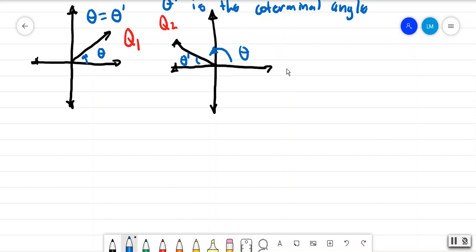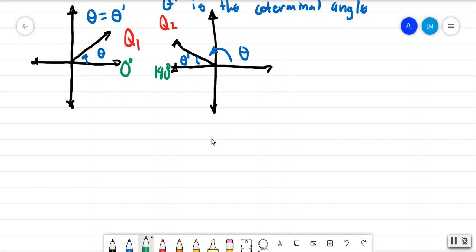Now the question becomes, how do you figure out what theta prime is equal to? This is where it might get a little strange because of the notation that I chose. But say that you wanted to find the angle measure theta prime. One way to do that is to find how much the angle is relative to the x-axis. In the first quadrant this was 0, so there was nothing to do.